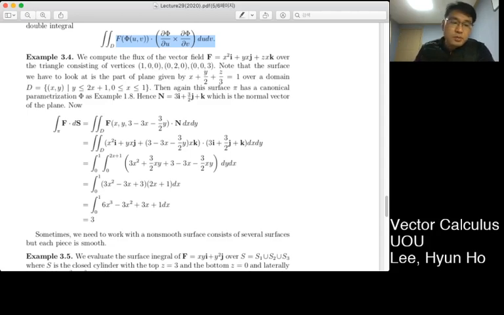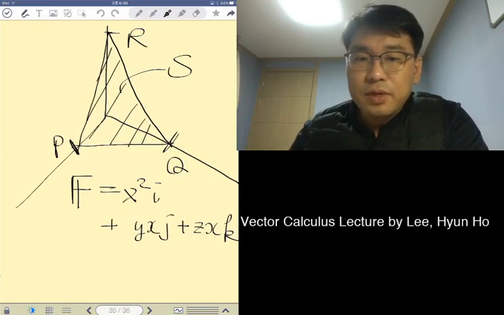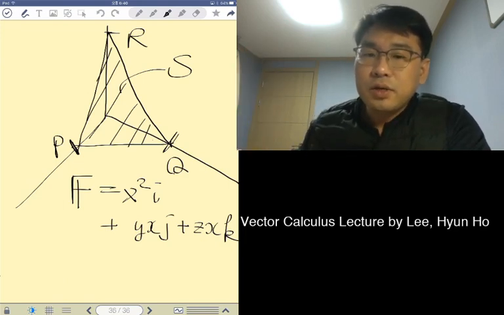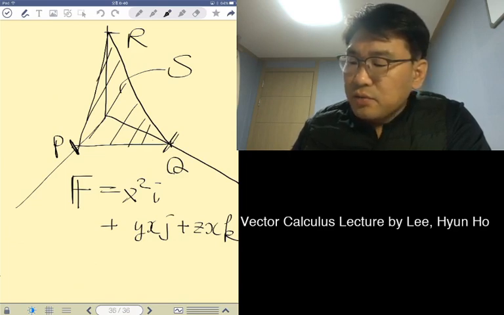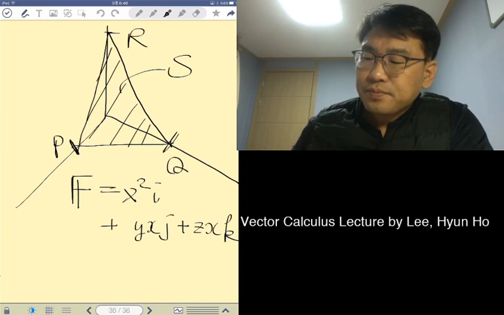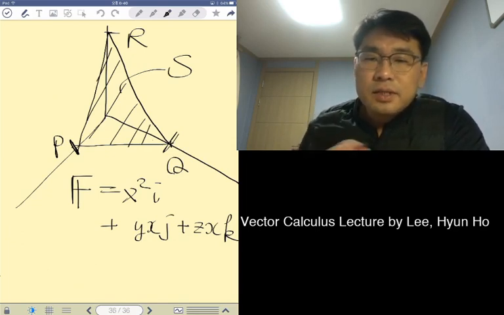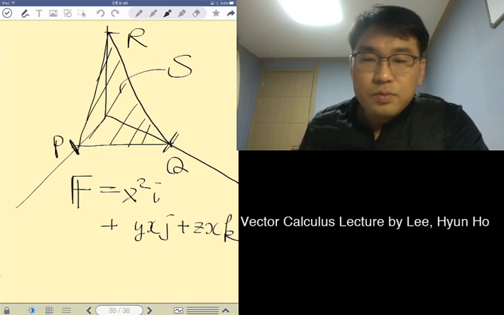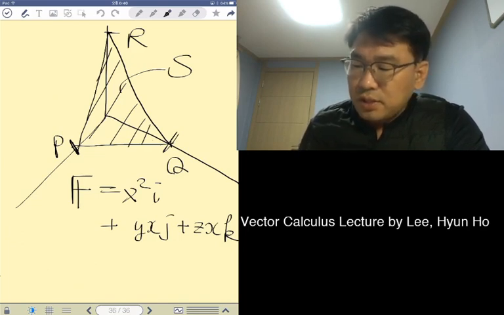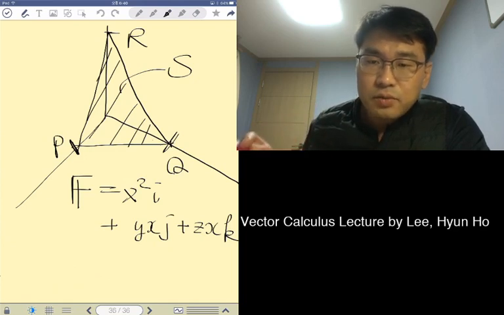Let's come back to the iPad. If you look at this S as the graph of a function, then we have the natural canonical parameterization. The triangle region is our domain, and we just decide the height there. So (x, y, g), and from the plane equation we can solve g in terms of x and y.